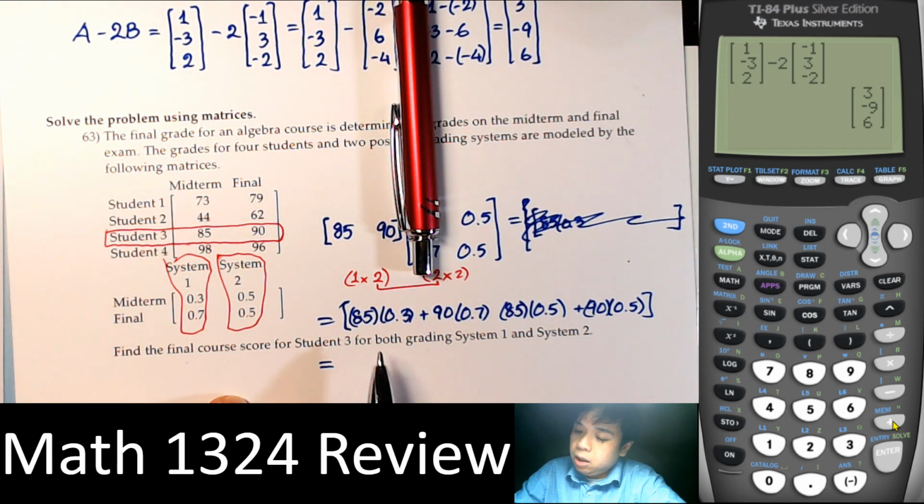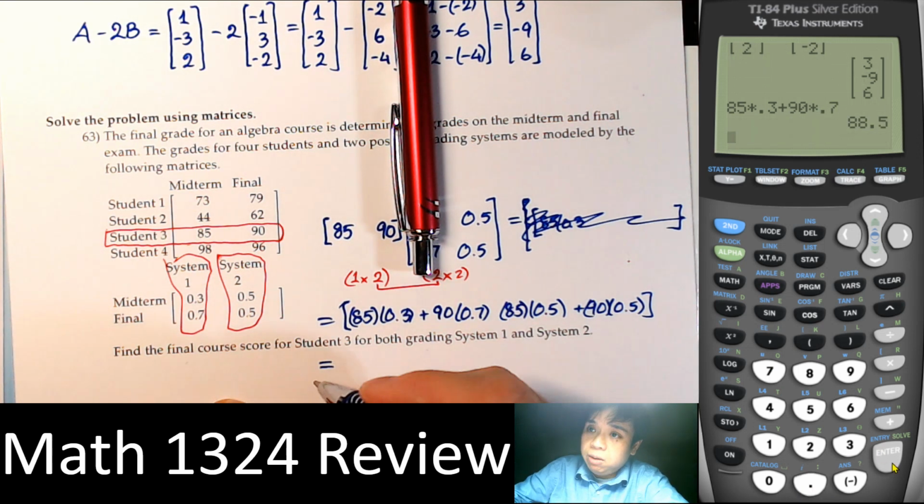Right. So we use the calculator here. 85 times 0.3 plus 90 times 0.7 gives 88.5.